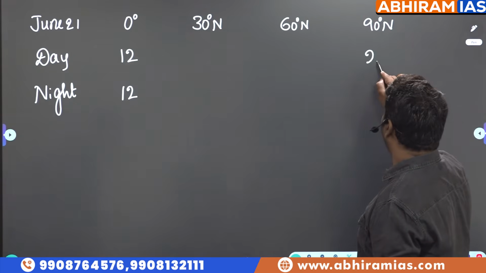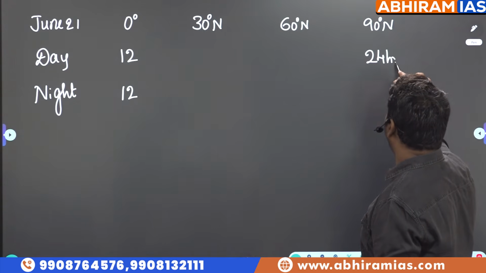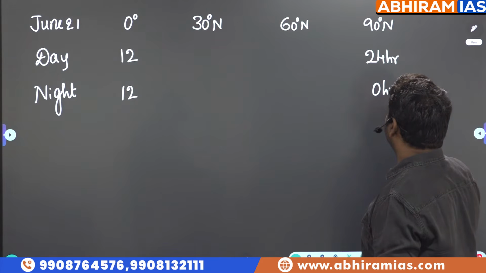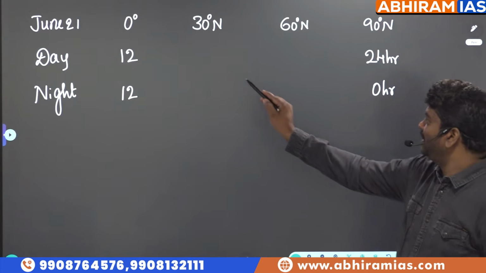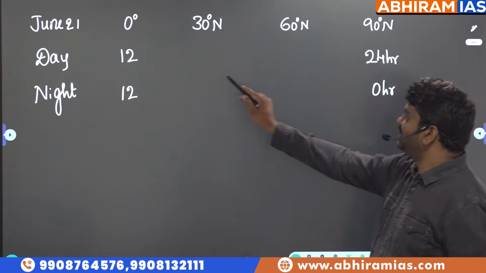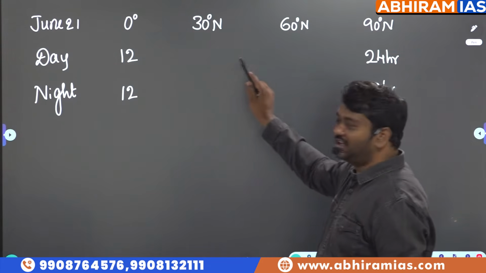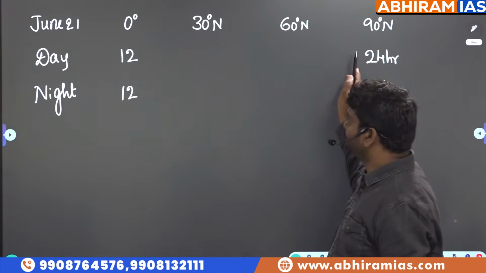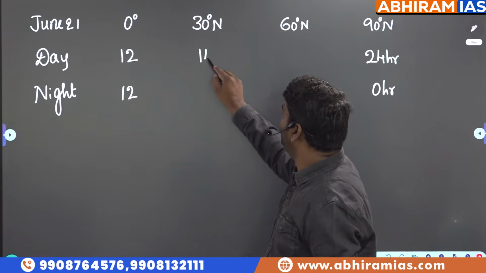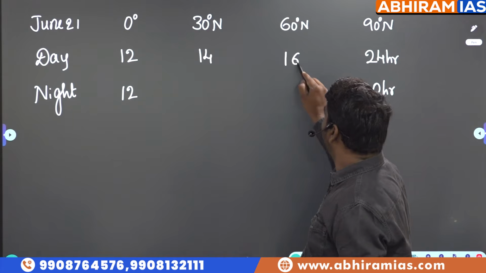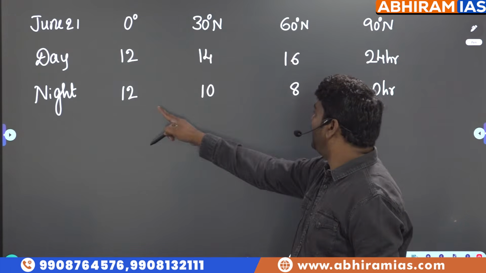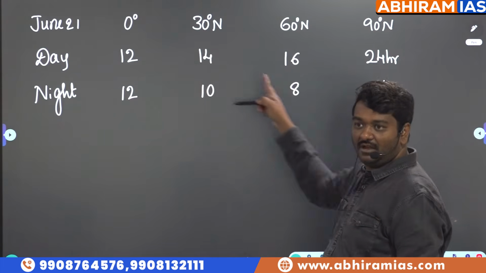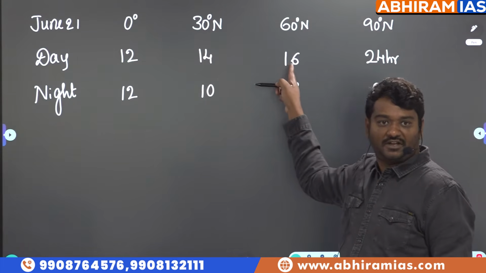North Pole, what did we see? 24 hours, 0 hours. Now you check from equator to pole. Can you see? Day length is increasing. 12 becomes 14, 16 hours, and night becomes 10 hours, 8 hours. Night length keeps decreasing, day length keeps increasing.